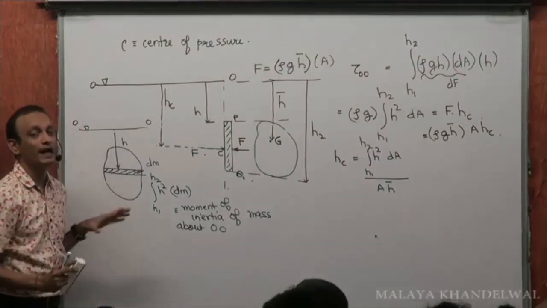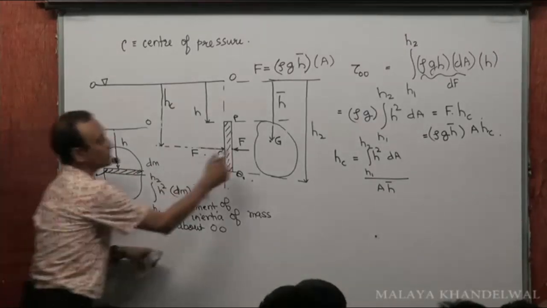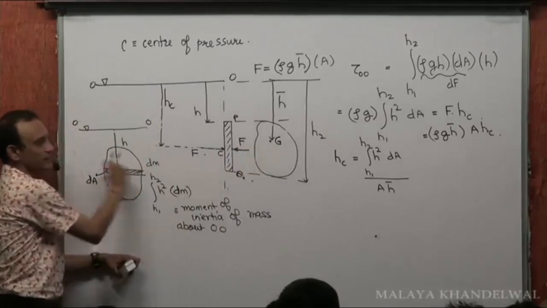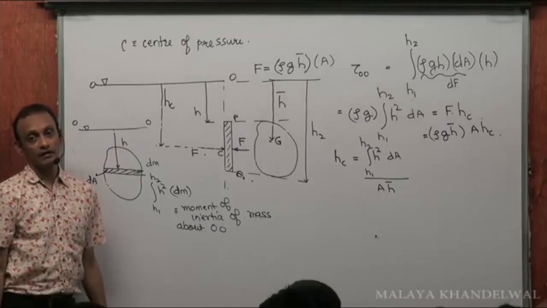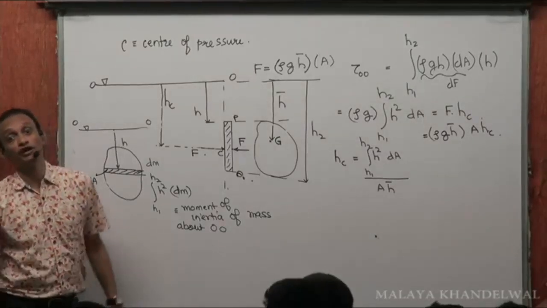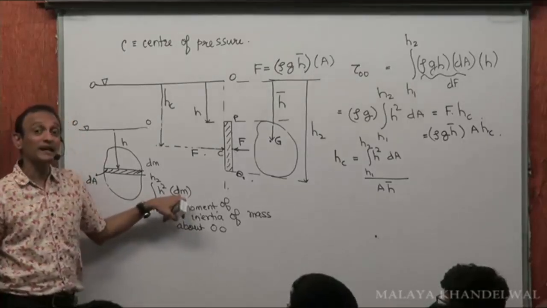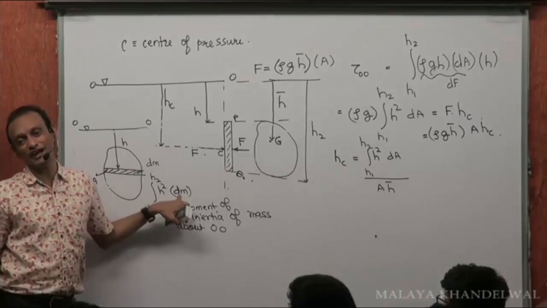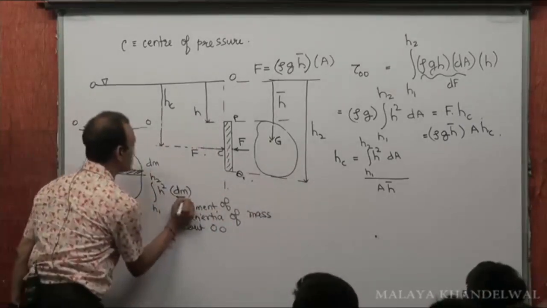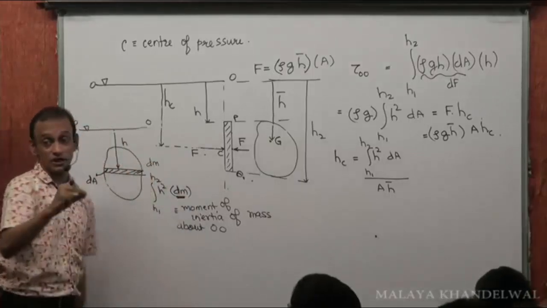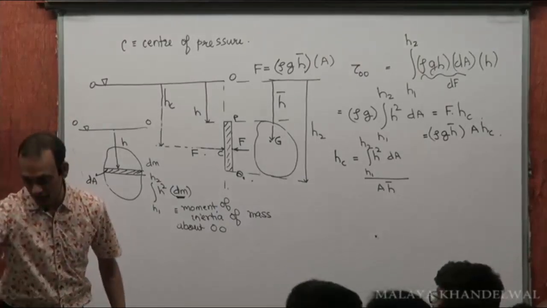Now, this mass element has area dA, as you have seen. Now I define moment of inertia of areas. If this dm is replaced by dA, then that will give me moment of inertia of area about OO. If I replace this mass element by the area element, then instead of getting moment of inertia of mass about OO, I'll get moment of inertia of area about OO.